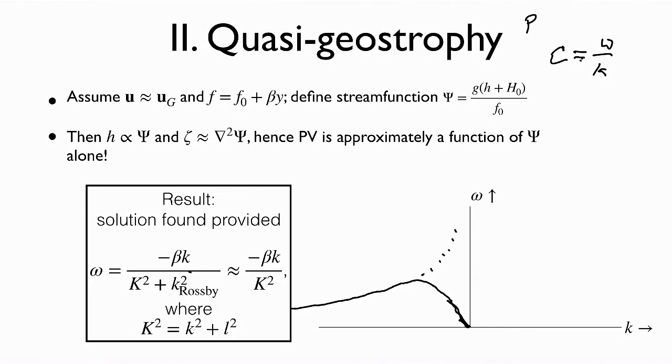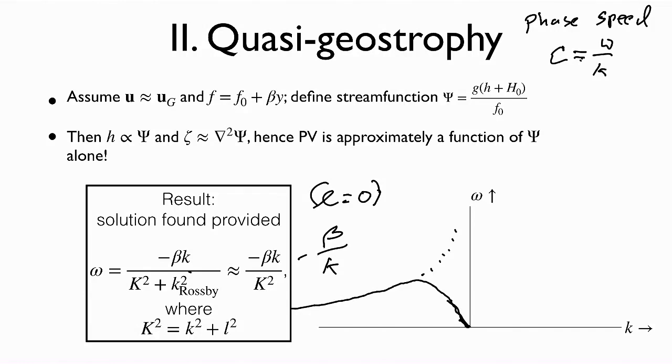And this is the phase speed of any wave, which is just the ratio of the frequency to the wave number. So if we imagine that this is a wave where L is 0, so we just have minus beta over k, instead of beta k like it was for the simple ones, beta divided by k.